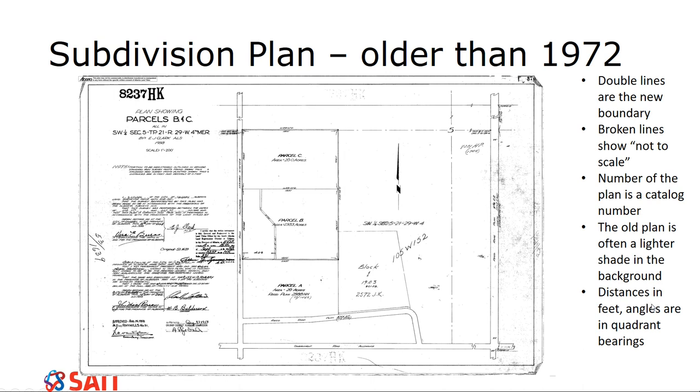So the distances are in feet, angles are in quadrant bearings. If we were to zoom into this, we would see that there are values written around these. So here is, let's say that was 200 feet, I think it is about 200 feet.